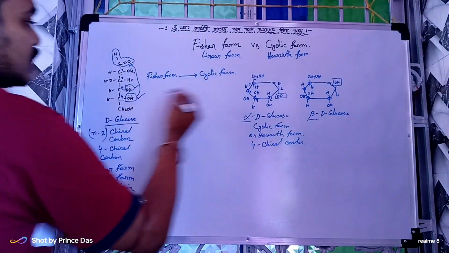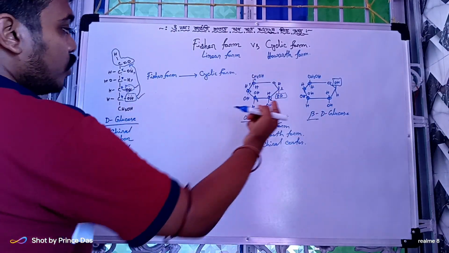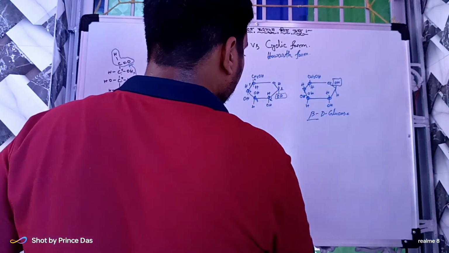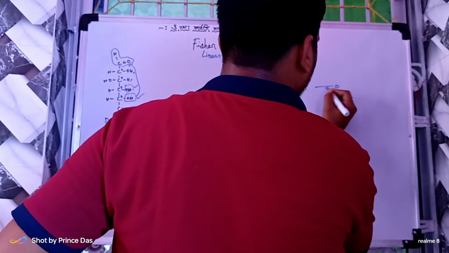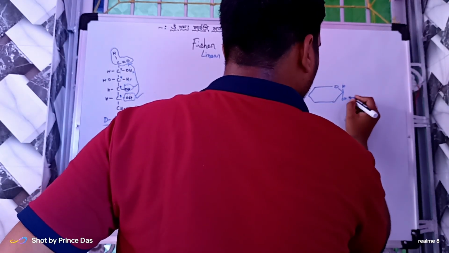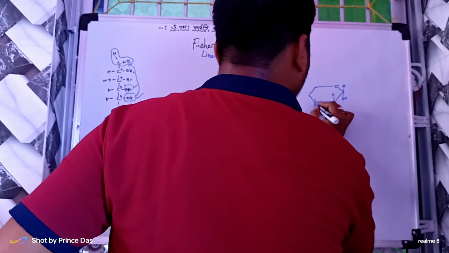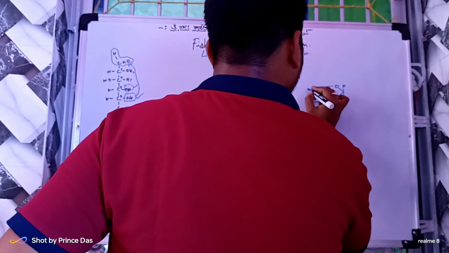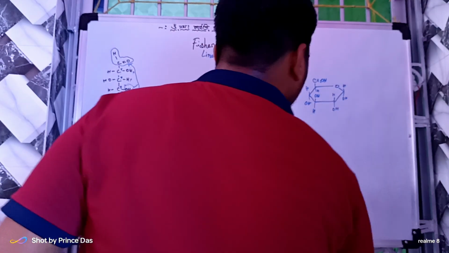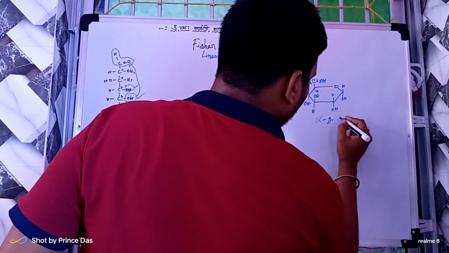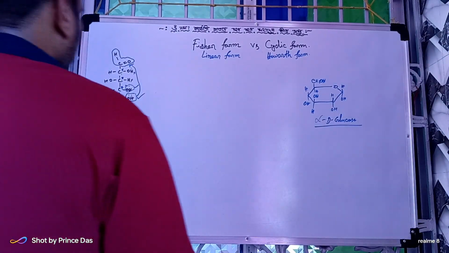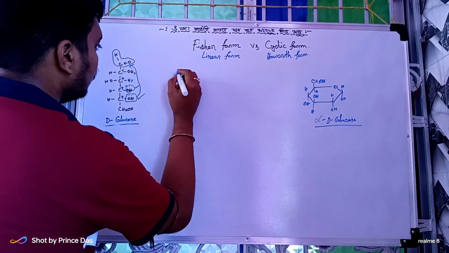So I will show you this structure. This and this structure are the same, but I will show how it forms from here to here. So this one will attack here, the aldehyde group.